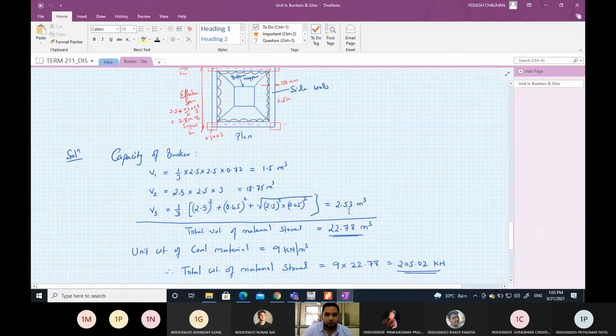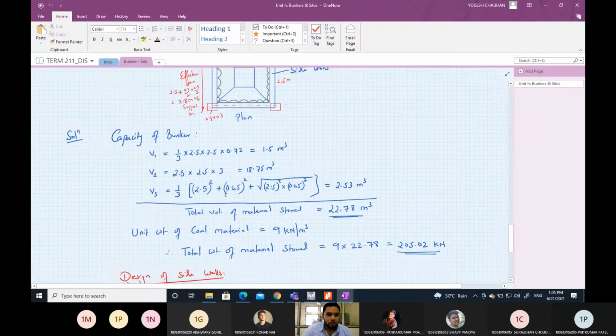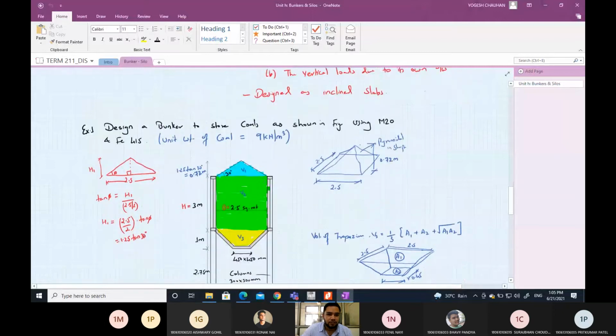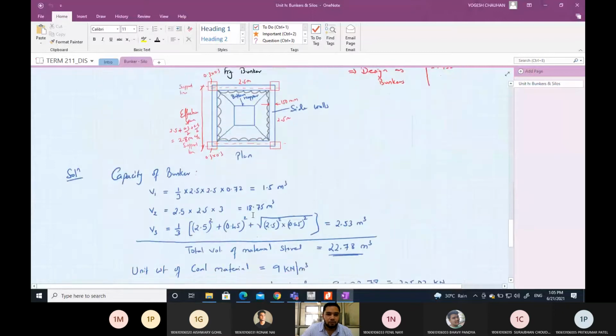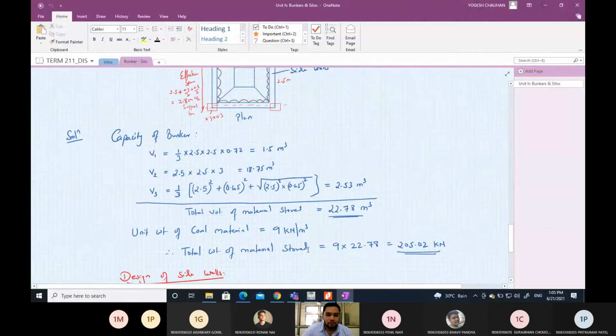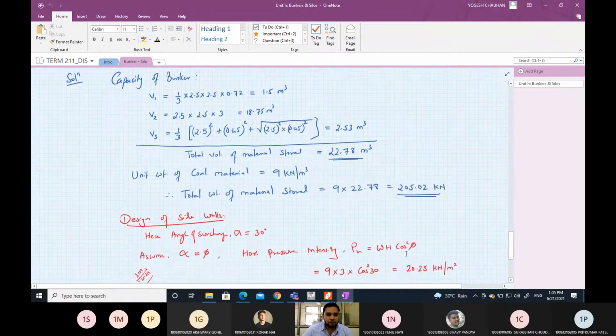So this will give you 2.53 meter cube volume. So the total volume of the material stored would be 22.78 meter cube. Now you have the volume, and the density of the material is given in the data, that is 9 kilonewton per meter cube. So you can find the total weight of the whole material, that is 9 into 22.78. So 205.02 kilonewton is the total weight of the material.